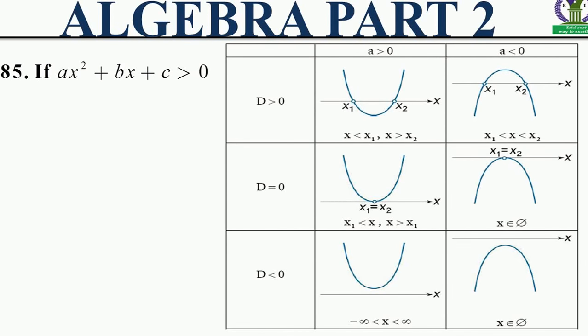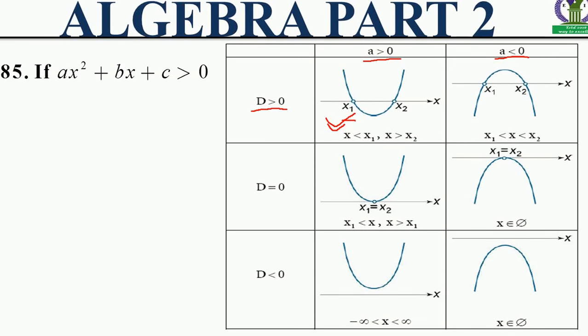We have the second order expression ax square plus bx plus c is greater than 0. Then we have graphs according to the discriminant as shown. We are considering two cases here: when a is greater than 0 and a is less than 0. First, when the discriminant D is greater than 0, roots will be real and different, shown by this curve.